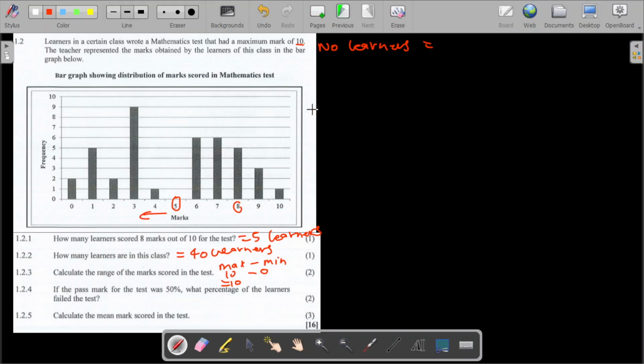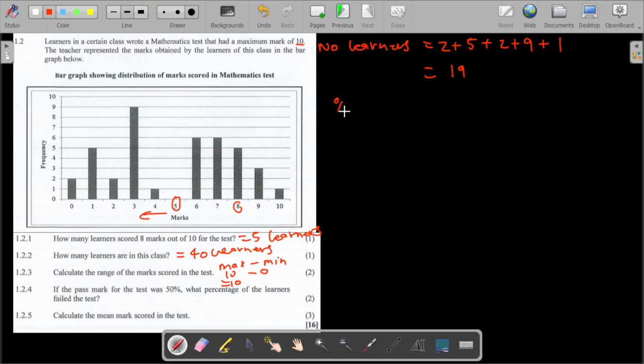So the first one is going to be 2 learners. So it's 2 plus 5 from here, plus 5, plus another 2, and then plus 9 of them, and then plus 1. So we need to get the total of the number of learners that are here, which is going to be 19 of those learners.